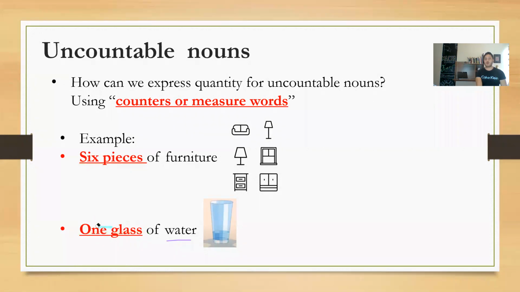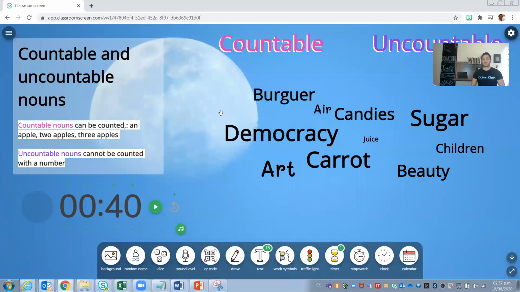Now, let's go and practice some of these countable and uncountable nouns. Just remember that countable nouns can be counted with numbers.